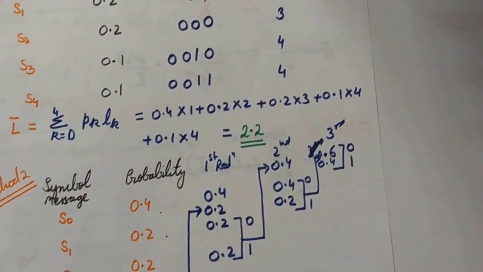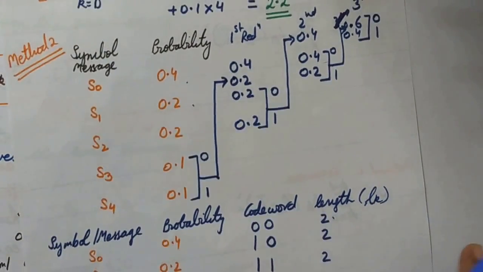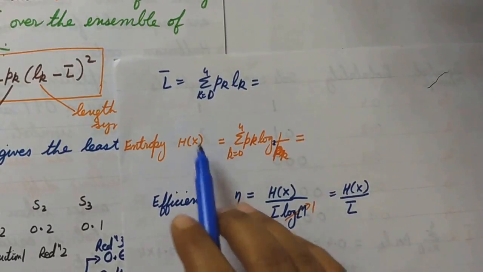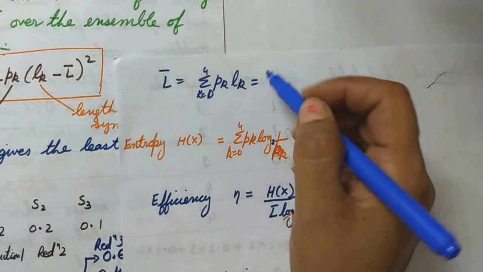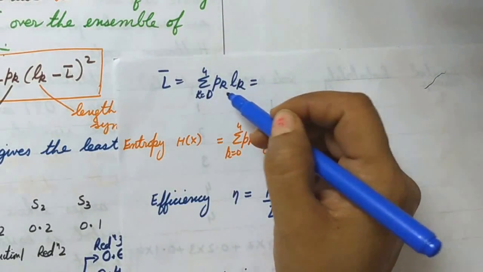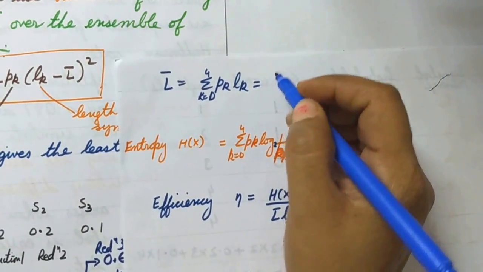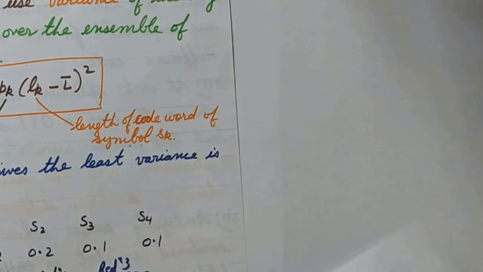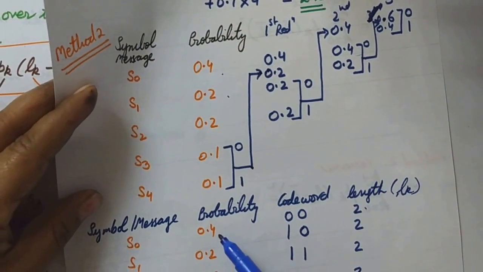So for method number 2, now I'll be calculating the L bar, that is the average code length. I've already written the formula. L bar is the summation over k from 0 to 4 of pk into lk, simply the sum of the products of the probability and the length. We have already seen the lengths of the first three are 2, 2, 2, and the probabilities are 0.4, 0.2 and 0.2.